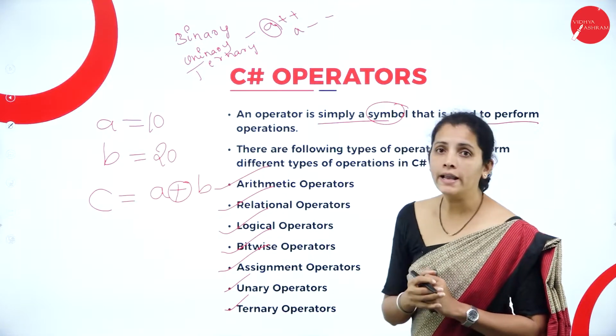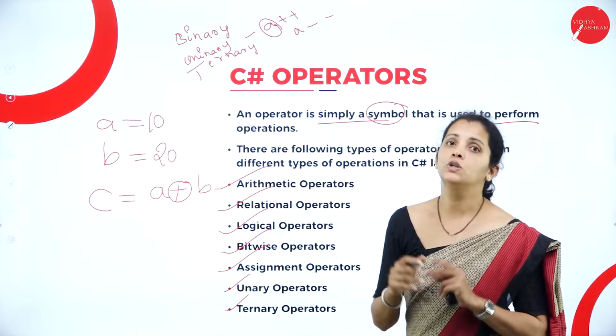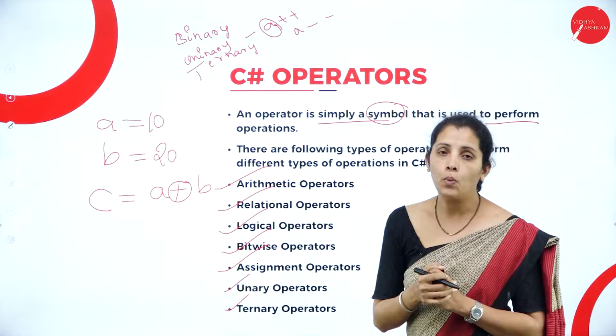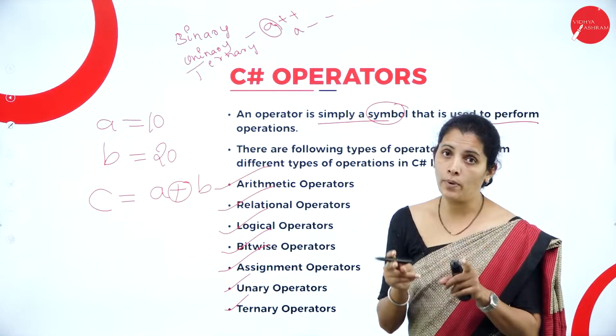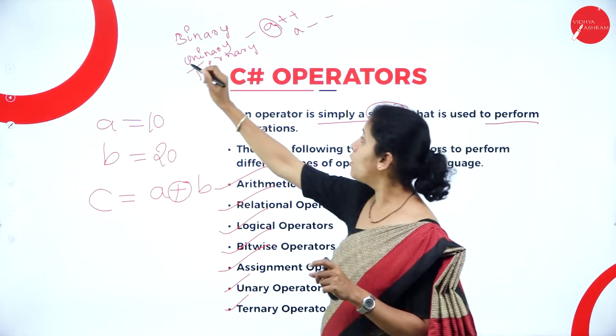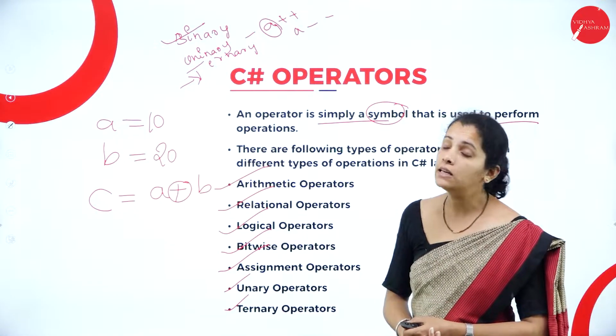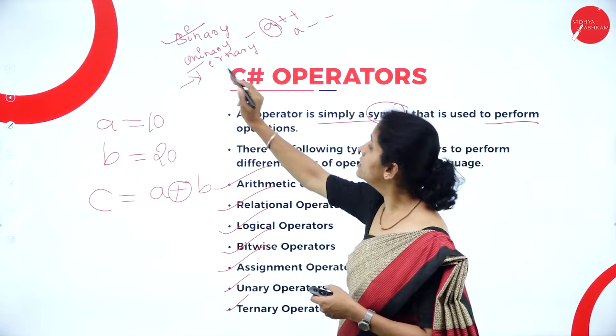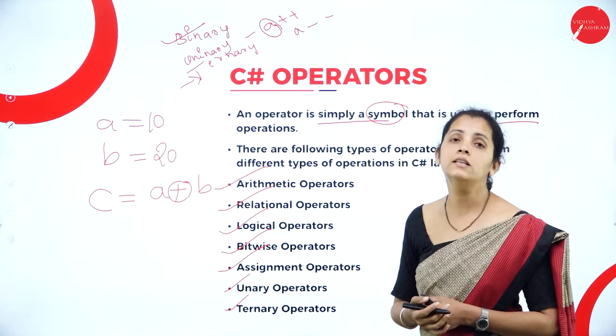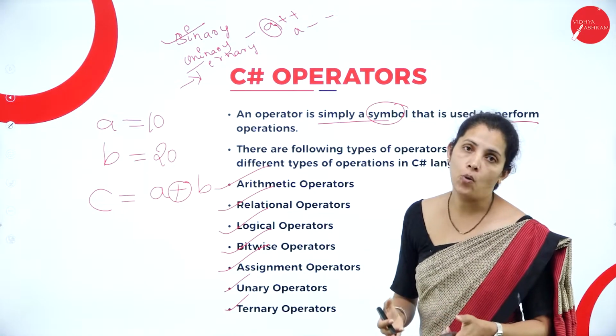Then what about binary? Binary means what? Two operands. When I have two operands, then that is called a binary operator. Then I have my third type, that is the ternary operator. Ternary means what? Three operands.